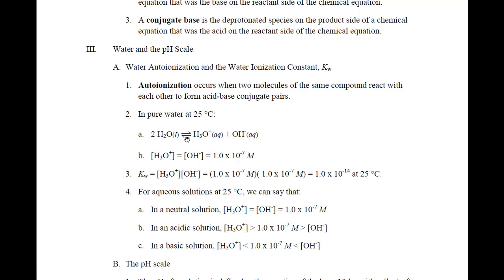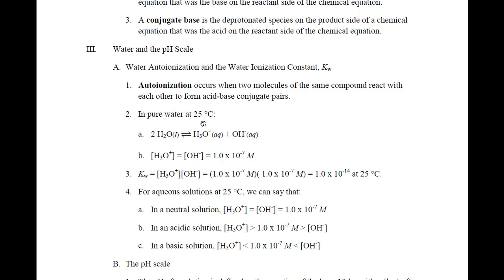So now we can write a K expression from this, and because water is liquid, it does not get added into the expression, so the expression for K becomes hydronium times hydroxide. That gets a new designation with a W under it, because it's specific to pure water here, or to water at least. And so Kw, the autoionization constant for water, equals hydronium times hydroxide.